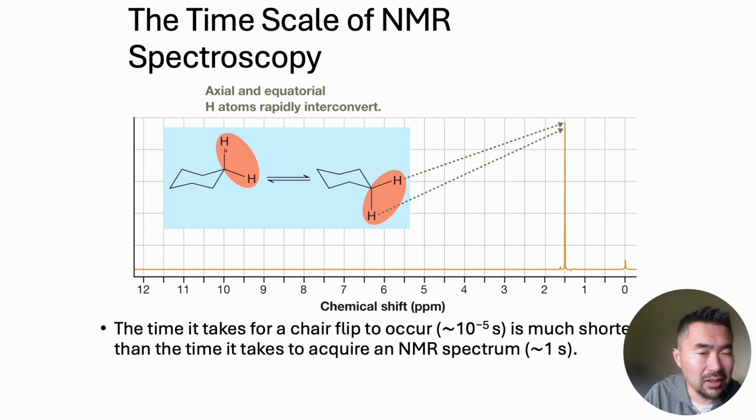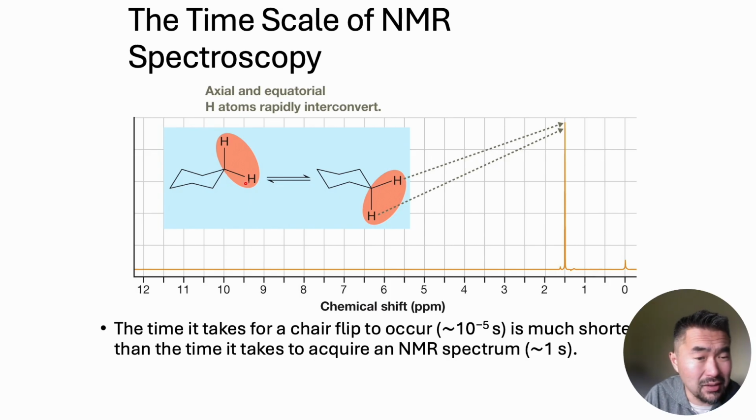Now, technically, 2 hydrogens on a cyclohexane are not equivalent because they're in a very different environment when they're axial as opposed to equatorial. However, remember the chair flip. As long as the chair flip can happen rapidly, like in unsubstituted cyclohexane, there's nothing that keeps it in one chair conformation over the other.